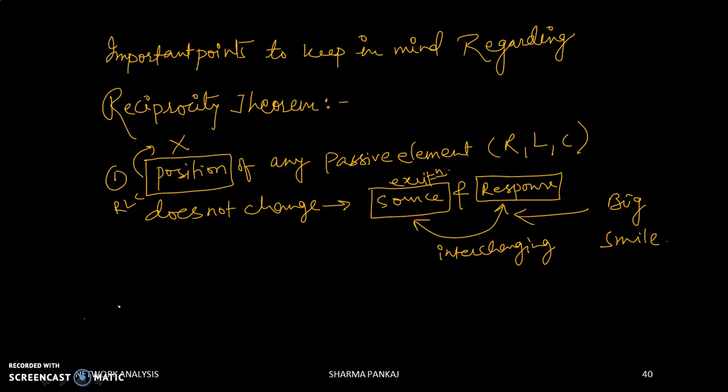Point number 2. The impedance matrix for two circuits remains the same if we do not change the selection of loops.